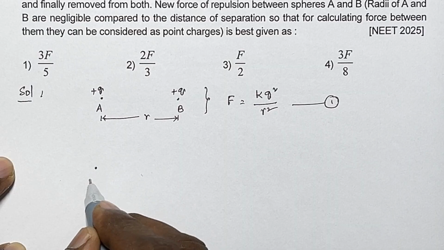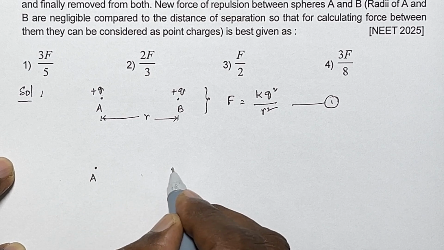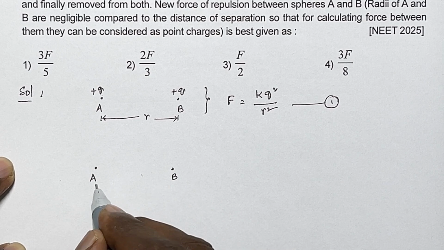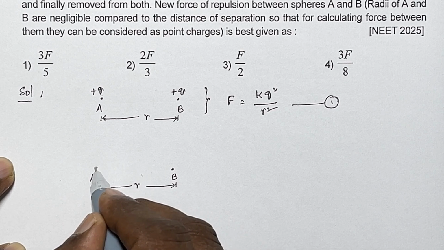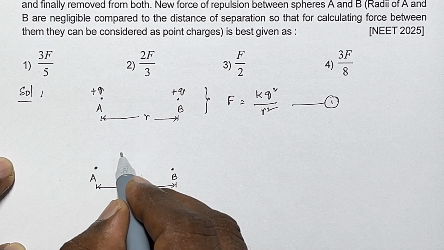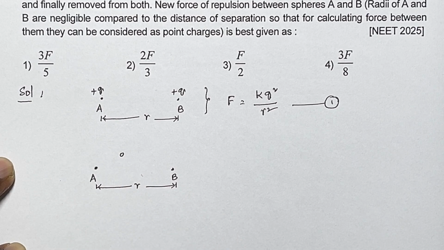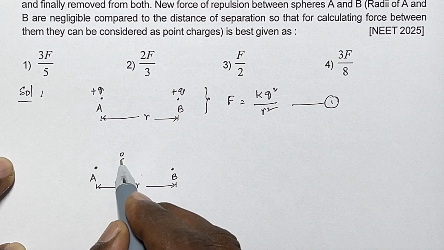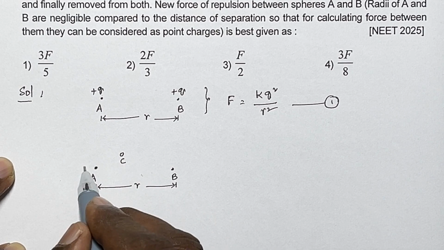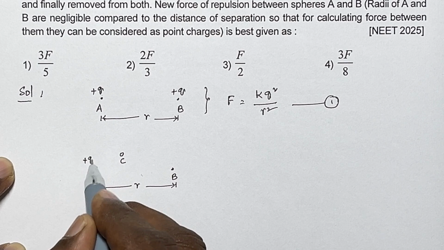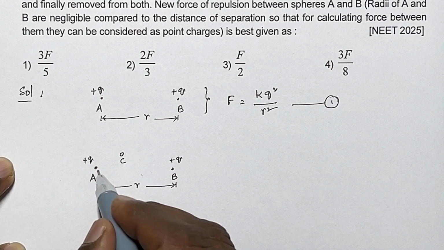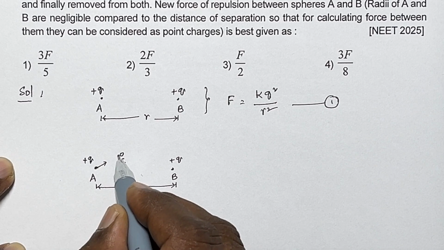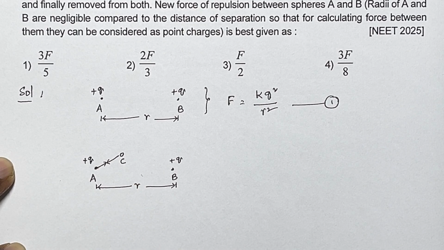Now what happened? This is sphere A, this is sphere B. The distance between these spheres is the same, but a new sphere C is there which does not have any charge. But here A is having plus Q charge, and B is also having plus Q charge. Now if A and C are touched to each other, what happens due to conduction?